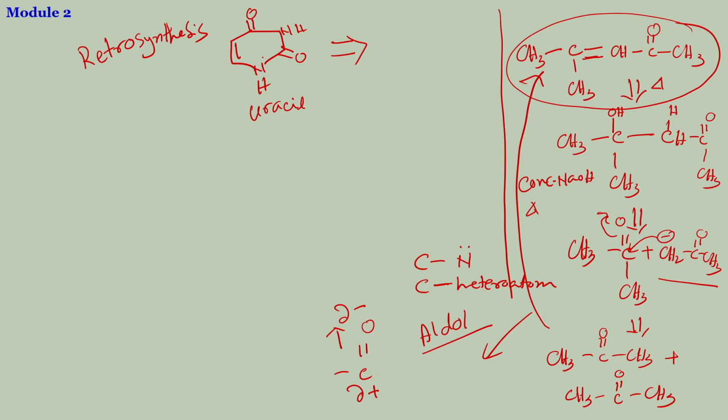So, making a carbon heteroatom bond is easier. In this case you can think that you can break this bond quite easily. You can break this also, but this is easier to make. Even if you do not break it, it will come back very easily, that you will see.